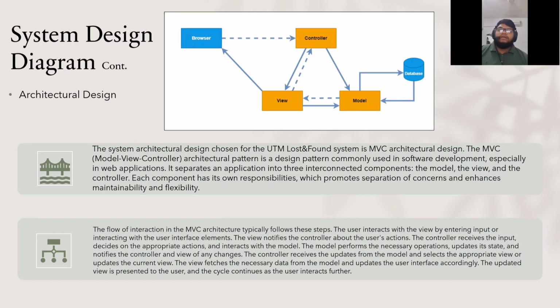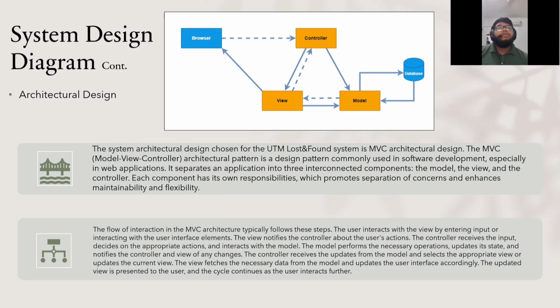The flow of interaction in the MVC architecture typically follows these steps. The user interacts with the view by entering input or interacting with the user interface elements. The view notifies the controller about the user's action. The controller receives the input, decides on the appropriate actions, and interacts with the model. The model performs the necessary operations, updates its state, and notifies the controller and view of any changes.